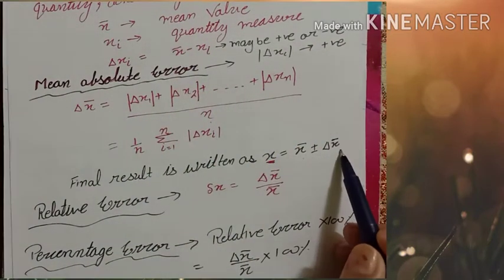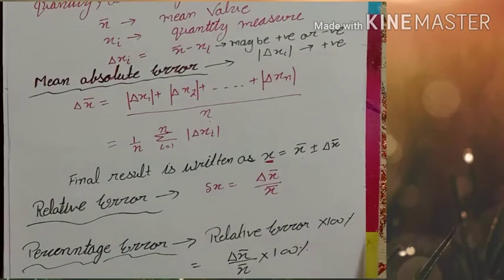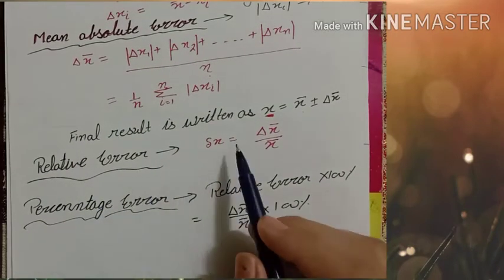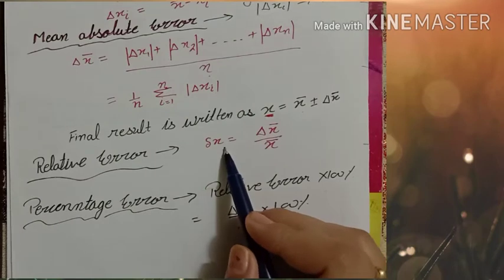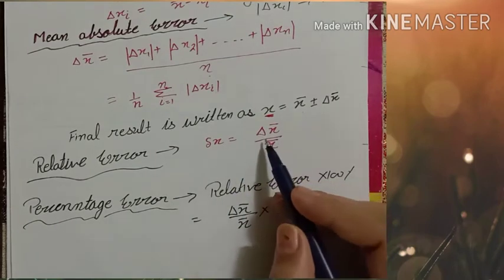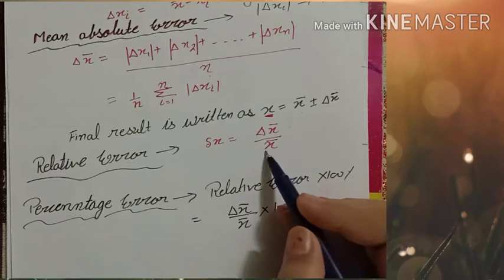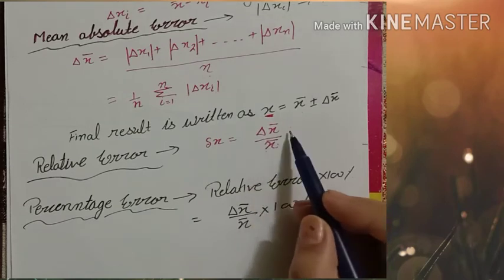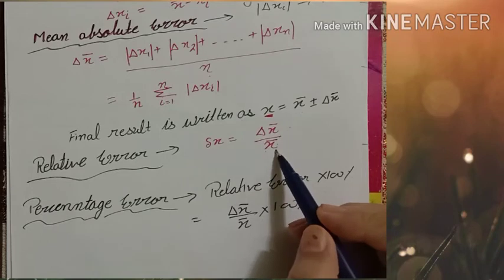And next is relative error, represented by delta x. Delta x is given by delta x bar divided by x bar, meaning you can say that it is the ratio of mean absolute error to the mean value of the physical quantity.